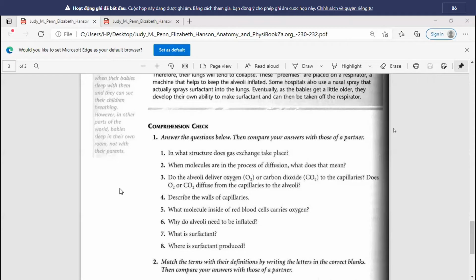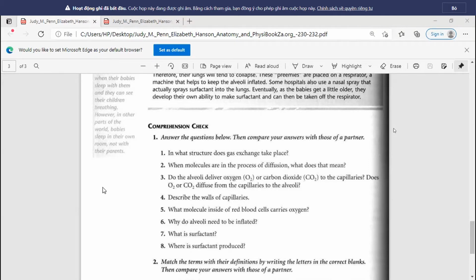Number 6, why do alveoli need to be inflated? Keywords are alveoli, inflated. Number 7, what is surfactant? The important word here is surfactant. Number 8, where is surfactant produced? The keywords are surfactant and produced, okay?